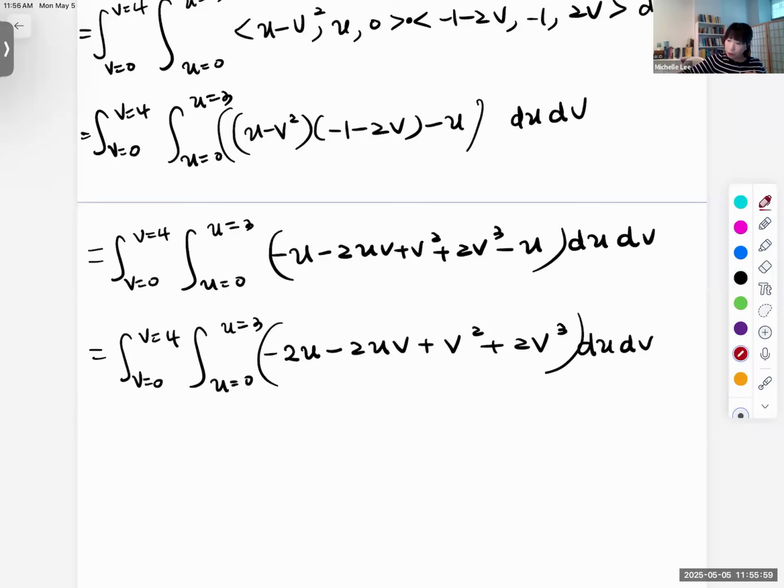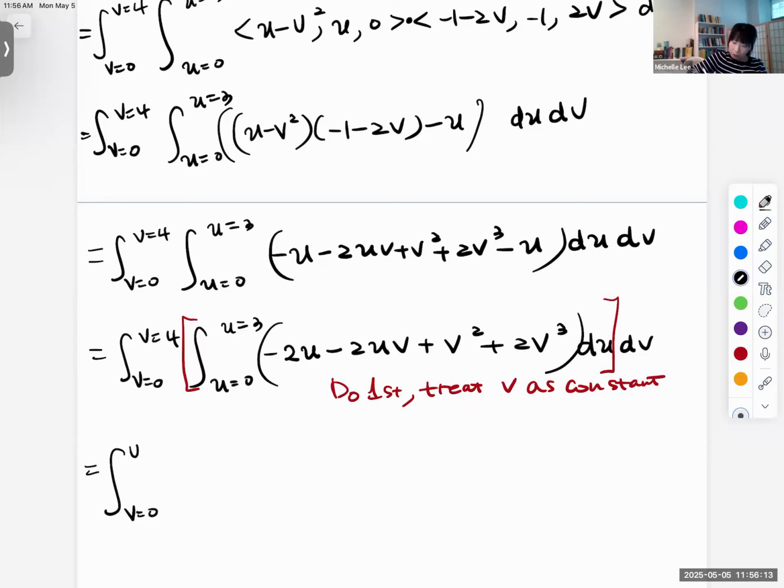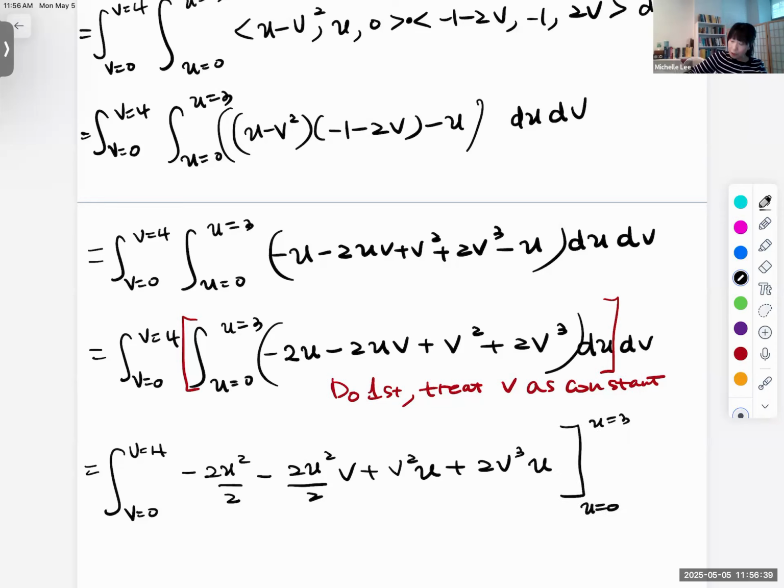Now we integrate with respect to u. Then we treat v as constant. So v equals 0 to 4. Negative 2u squared over 2 minus 2u squared over 2, v is constant, plus v squared u, plus 2v to the third power u, and we evaluate from 0 to 3 dv.